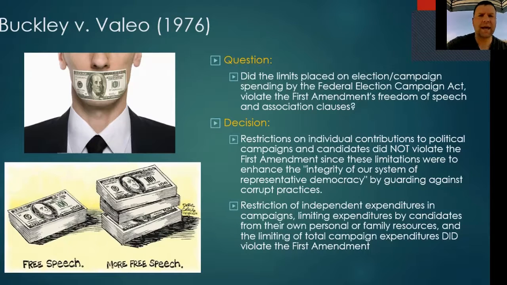So this case allowed the restriction of money when it came to directly giving candidates money. And of course, candidates themselves could spend as much of their own money as they wanted to.